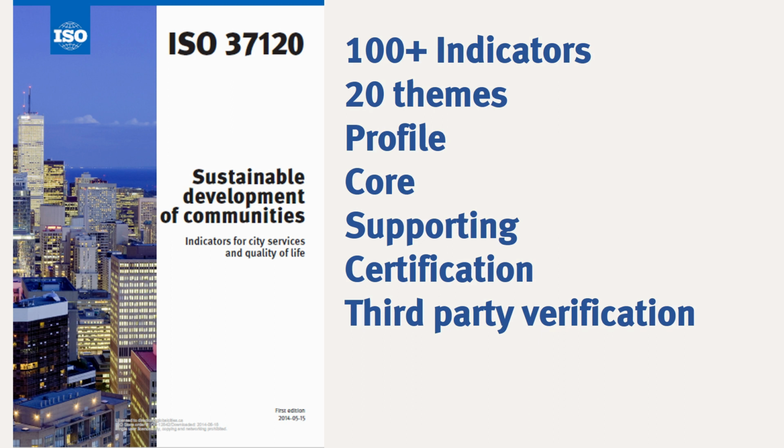This standard has 100 indicators and covers around 20 themes. The indicators are subdivided into core, supporting, and profile indicators. Cities can also choose to become certified when using this standard, enabling cities to learn from others, but also to be recognized for their performance.